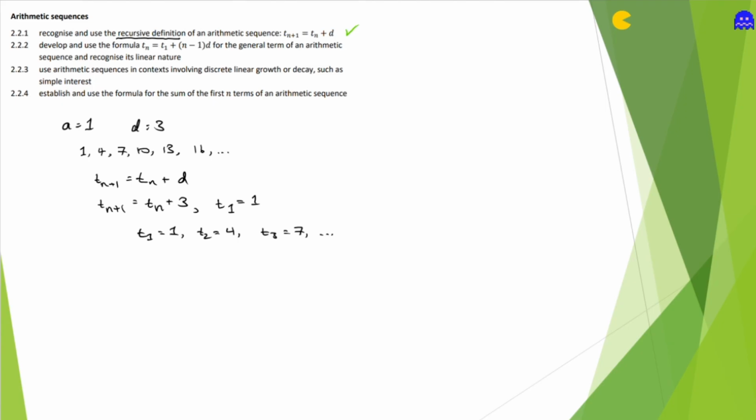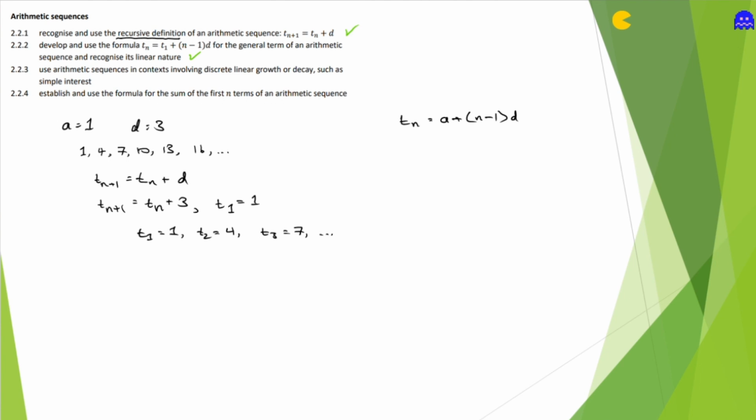We can also have a look at defining the general term for an arithmetic sequence. In this case specifically, we have our tn term. We define it in terms of our first term, and then the sum of all the d terms that demarcated each of the previous terms.